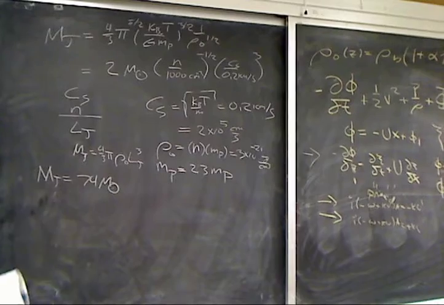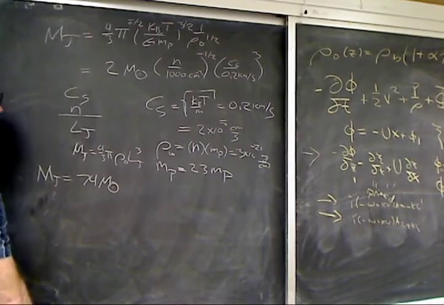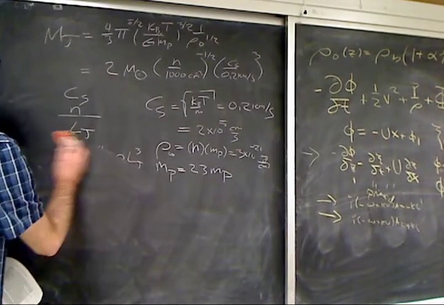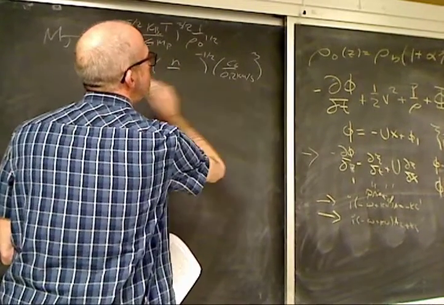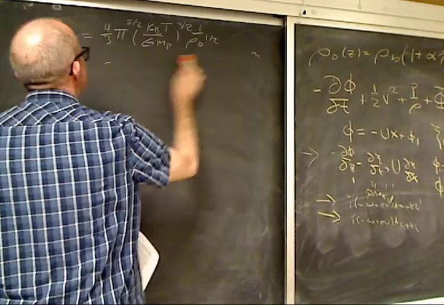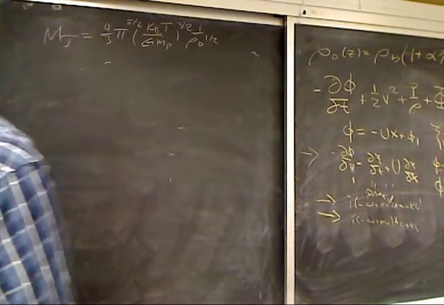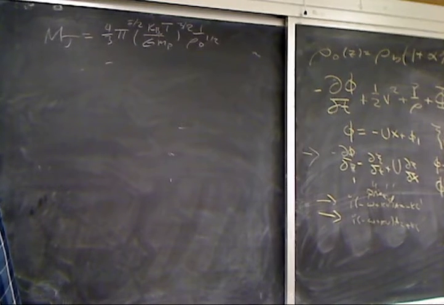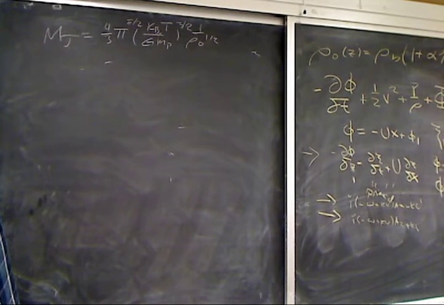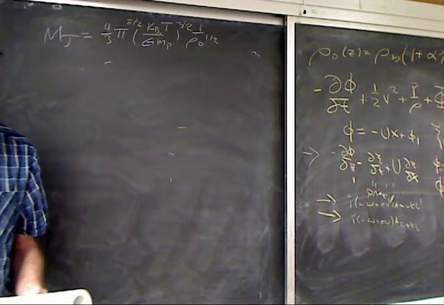Thereabouts. Okay, now I take something similar and I just heat the crap out of it. How hot did I make it in the problem? 10 to the 7? So 100 particles per cubic centimeter and 10 to the 7 Kelvin. That's pretty hot gas.